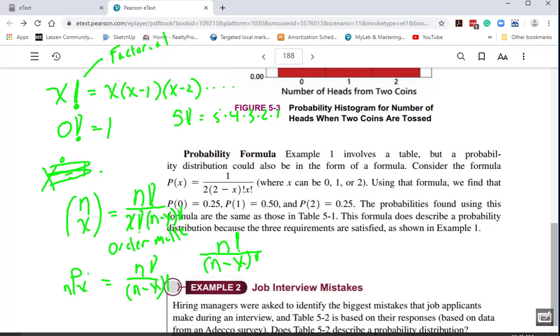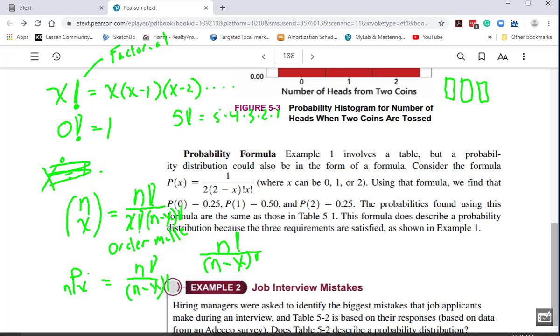Let me show you how it works, because they're using it right here. As you can see, this x factorial, and then we have this 2 and 2 minus x. Anyway, when we're talking about this, remember our 3 tumblers?